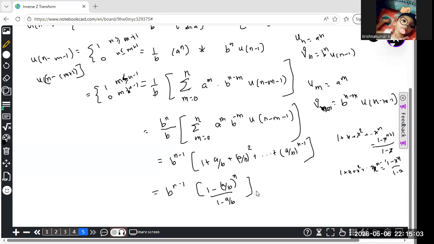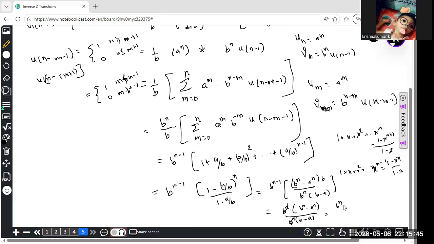So this can be written as b power n minus 1 into, taking the LCM, b power n minus a power n divided by b power n, into b divided by b minus a. Now you simplify this: b and b power minus 1 will get cancelled, and b power n and b power n get cancelled.